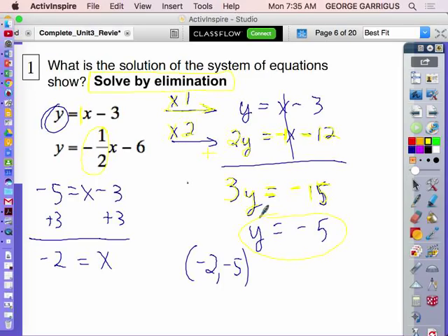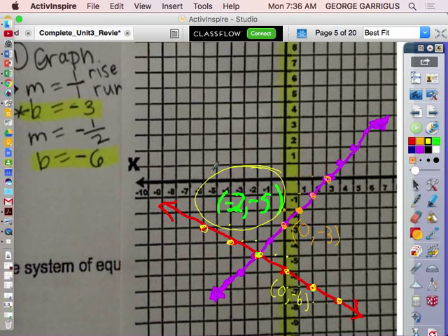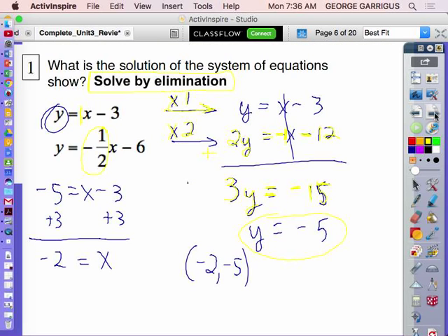That's only 1/2 of our solution. We know from the previous page, on the graph, our answer was supposed to be -5 for the y-coordinate, but the x-coordinate is supposed to be -2. So if I go back here, I can pick either equation, line 1 or line 2, to solve.